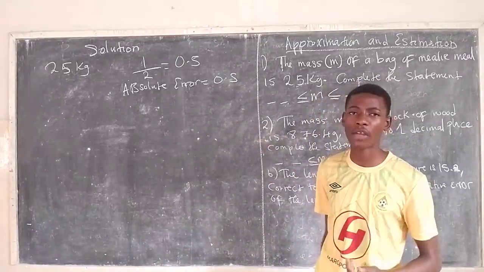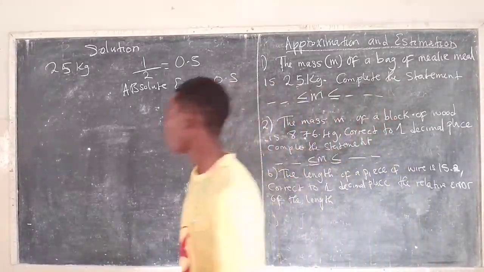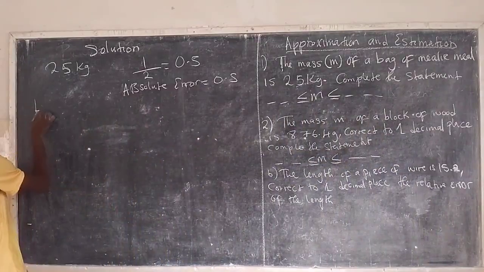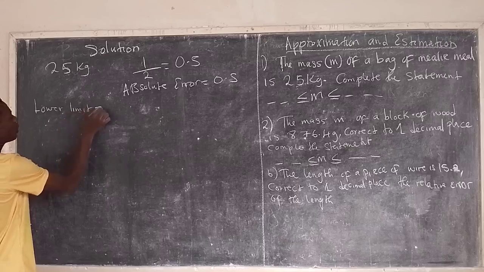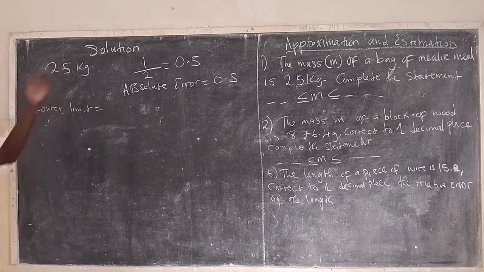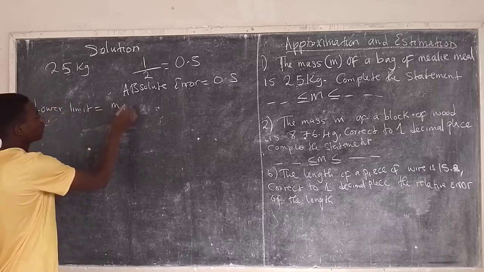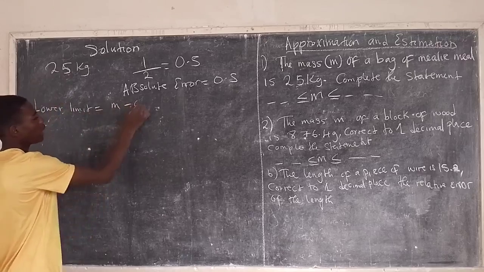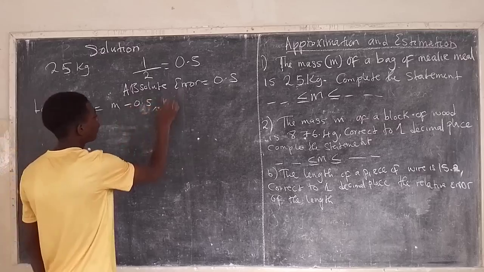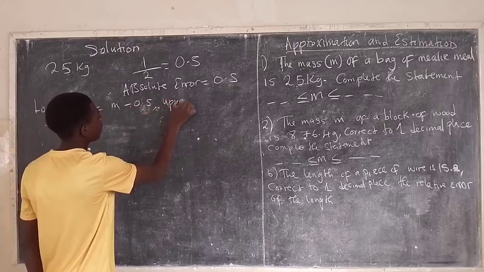So we have 0.5. Now we are going to find what we call the lower limit. The lower limit is simply the same mass minus 0.5.